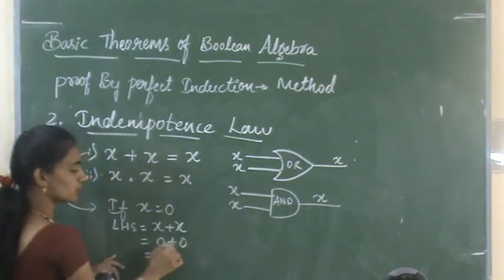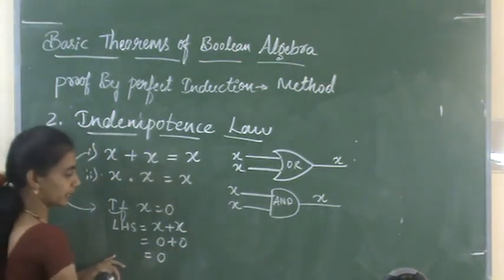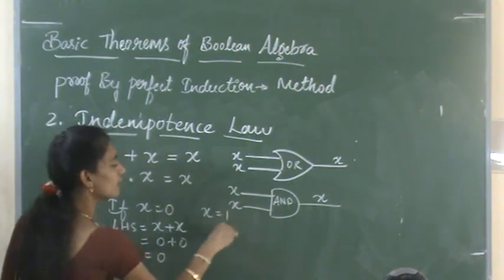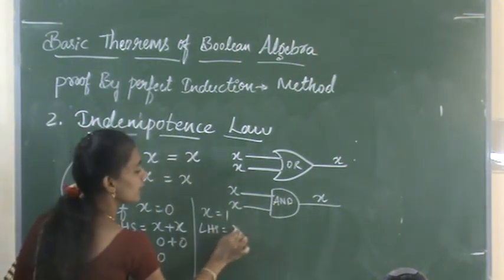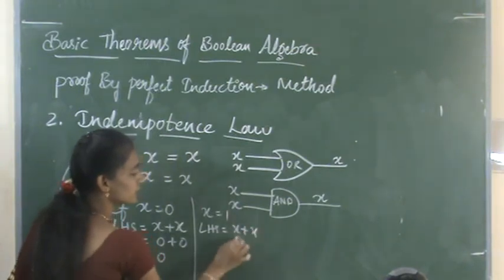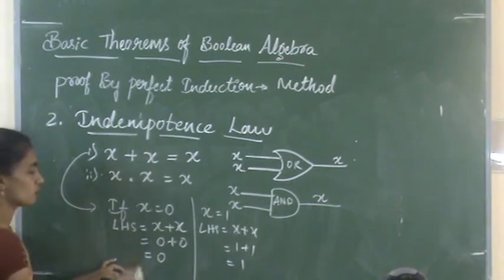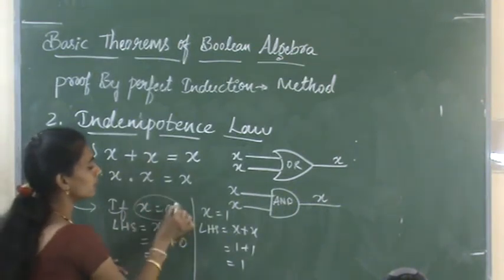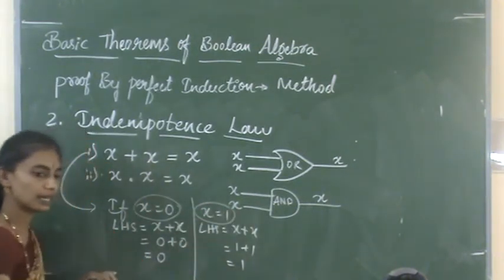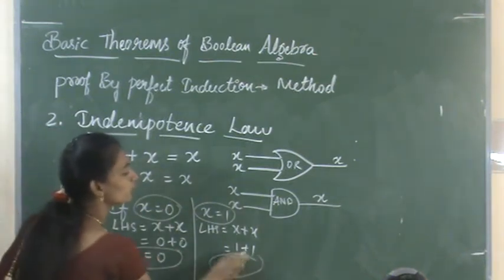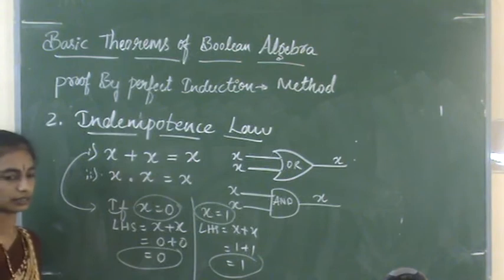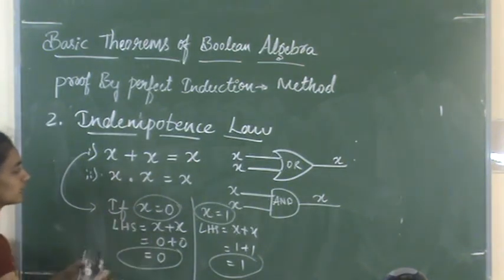What will be the output? 0 plus 0 is 0 only, right? If I provide x value as 1, the LHS becomes x plus x, right? So what is 1 plus 1? The output will be 1. So whatever value you give for the variable, that will be the output for that theorem. Okay. Do you understand this?